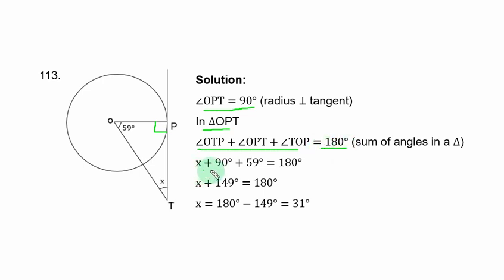You have it in this form. After replacing two of the known angles, you have this result after addition of 90 degrees and 59 degrees. Angle S becomes 180 degrees minus 149 degrees, and S becomes 31 degrees.